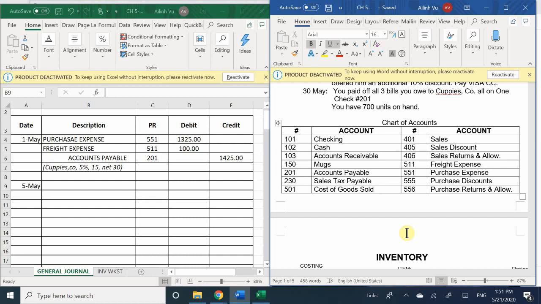Is it a main account? Is it a sub account? Is it a contra account? It's a contra account. Yes. So if purchase returns and allowances is a contra account to purchases, how would you journalize it? What is the normal balance of purchase returns and allowances?